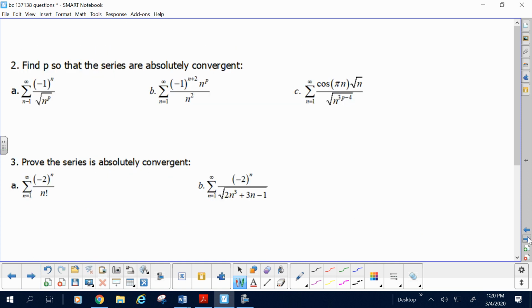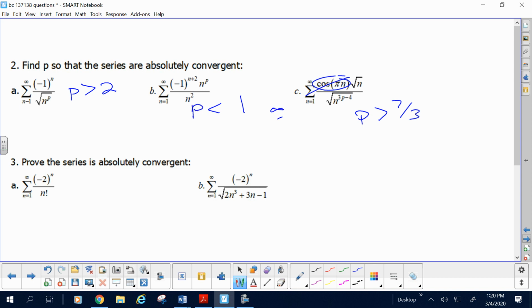This bad boy. I hope you got that P must be greater than 2, and then P must be less than 1, and then P must be greater than 7/3. Would you like to talk about any of those? Sure. So I don't really care. The absolute convergence is going to wash that out, so I'm just focusing on the ends.